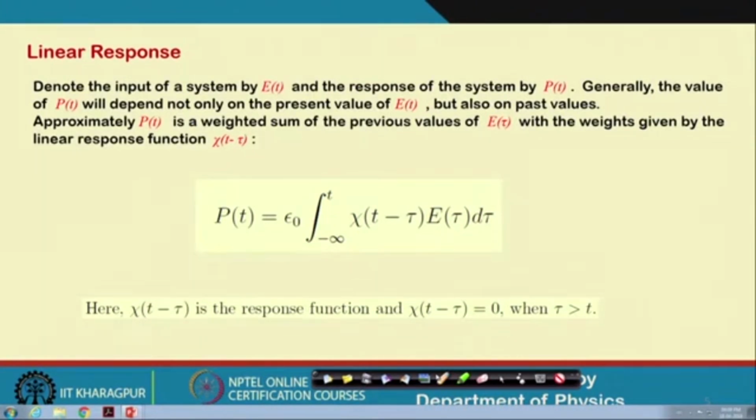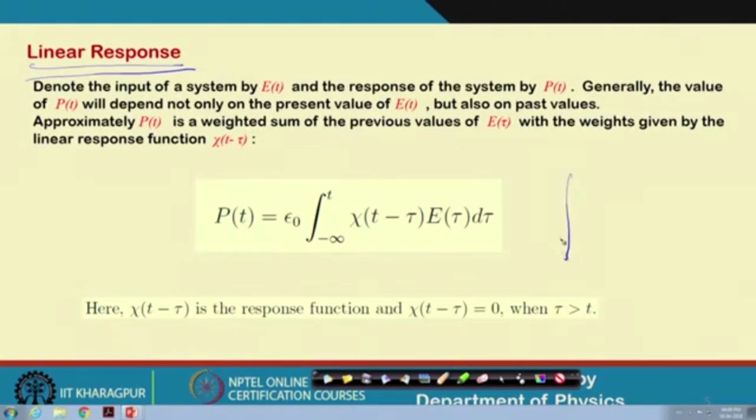So, let us understand what this linear response is first. When we launch an electric field, the material is going to respond. That is the first thing: I applied an electric field, and as a result the material will respond.